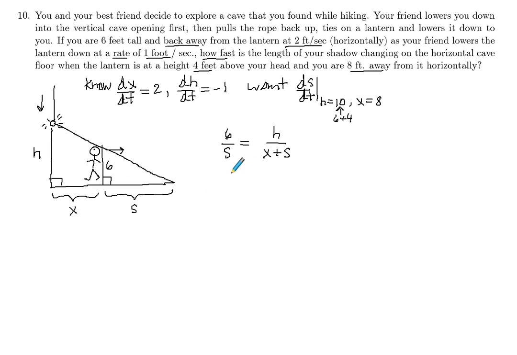because the base for the larger triangle is both the distance you're away from the lantern plus the length of the shadow. And then we want ds/dt, so we want to solve this relationship for s. We don't want to differentiate it the way it is because it's kind of messy. So let's multiply through by the LCD or set our cross products equal. So 6 times the quantity x plus s is going to equal s times h.